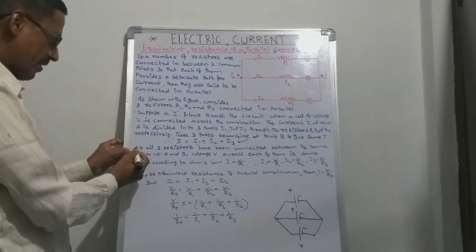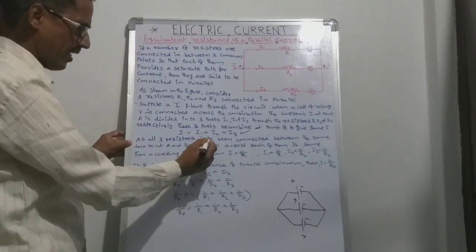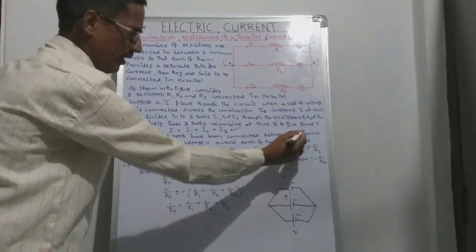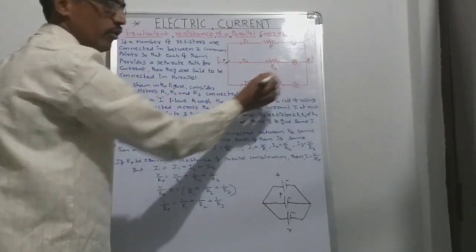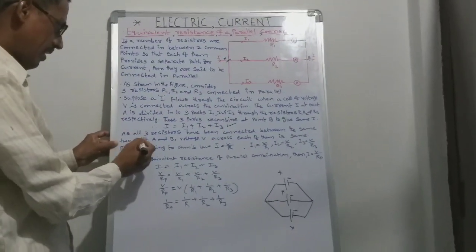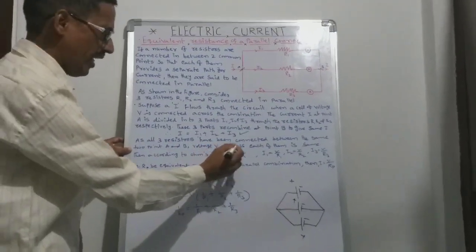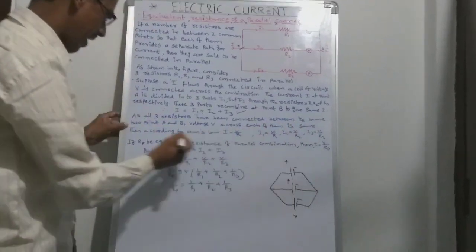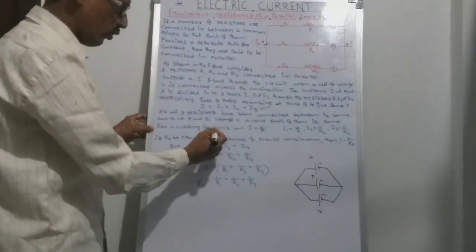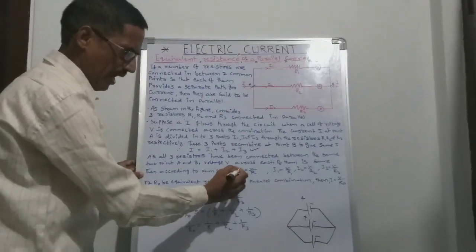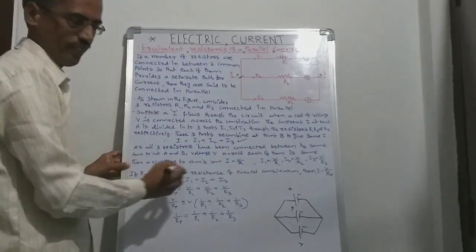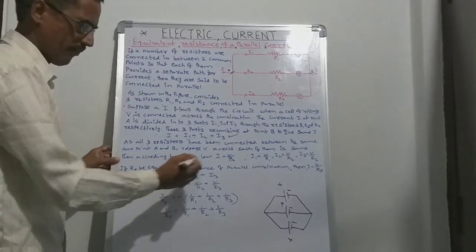As all three resistors have been connected between the same two points, A and B, the voltage V across each of them is the same. Then according to Ohm's law, I = V/R.